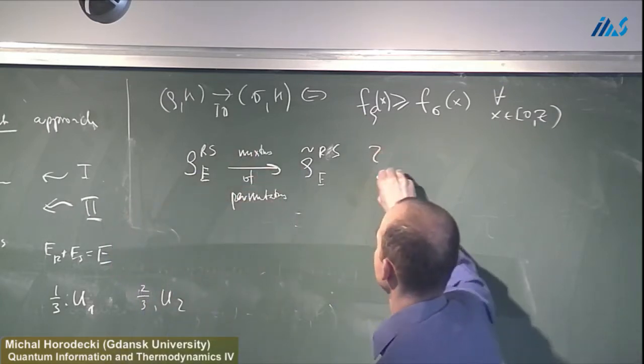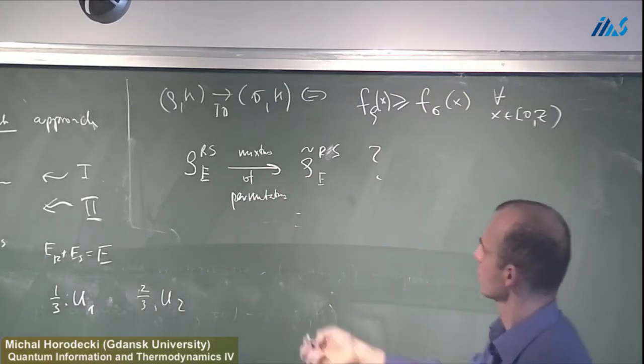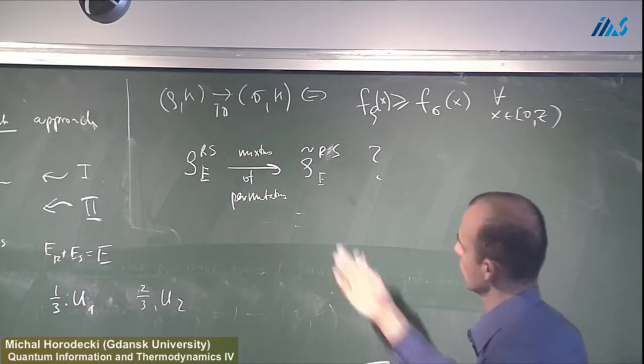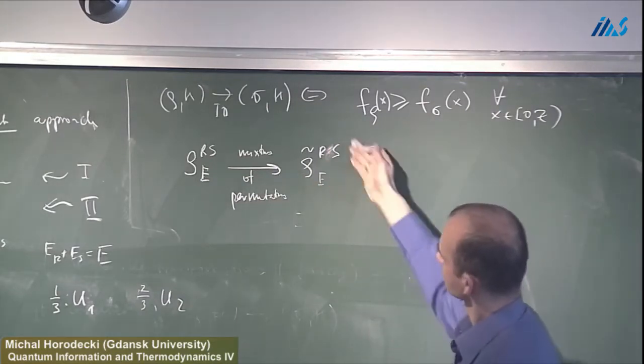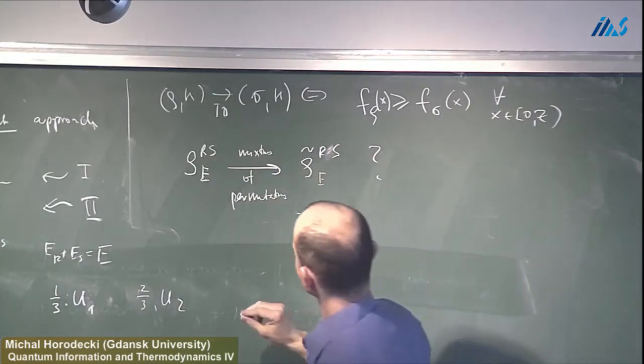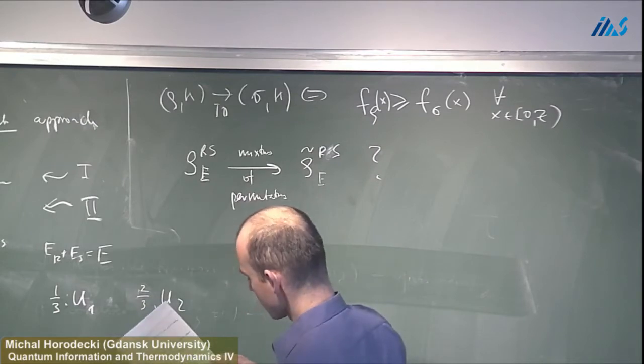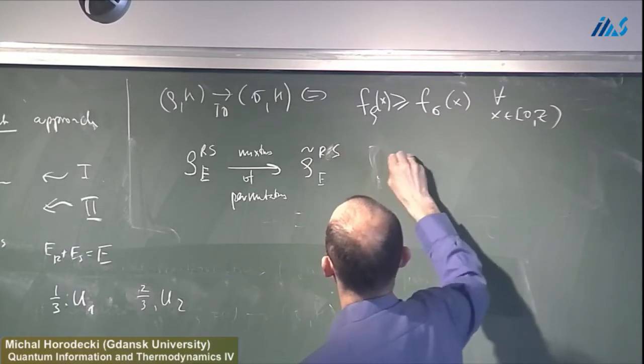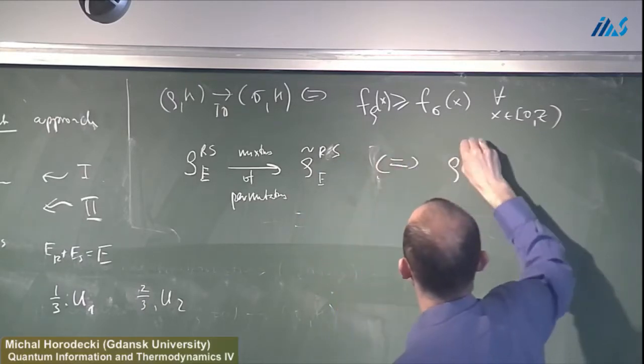If we can answer this, then we will later trace out the reservoir, and then we'll have an answer. So to what state can we go? Let us apply the majorization criterion. Okay, so we know this is equivalent to this.